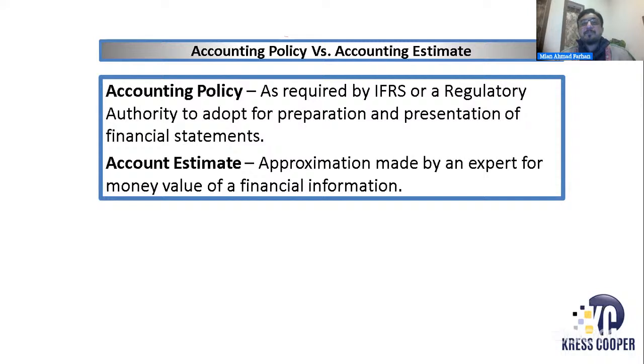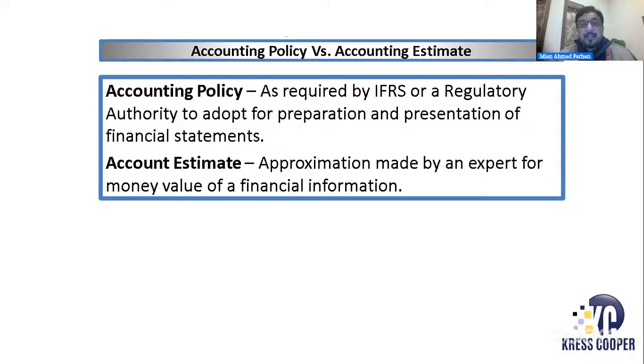This determination of the depreciation rate to calculate an approximate amount of depreciation is an accounting estimate. So an accounting estimate is merely an approximation which is made by an expert, remember. An accountant is not an expert for determining the useful life of an asset.